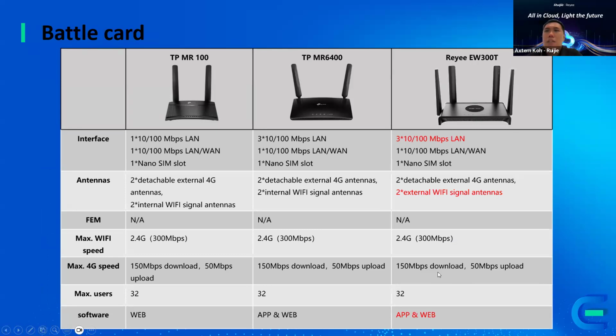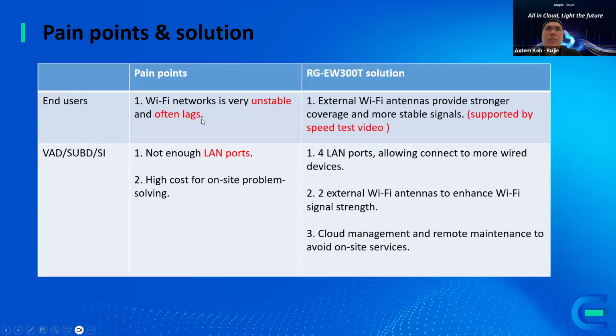The maximum download and upload speed will be 150 meg and 50 meg for the upload. The maximum concurrent users is 32. And app control, with all those notifications, we bundle with this model as well. Normally, who will be using this solution?